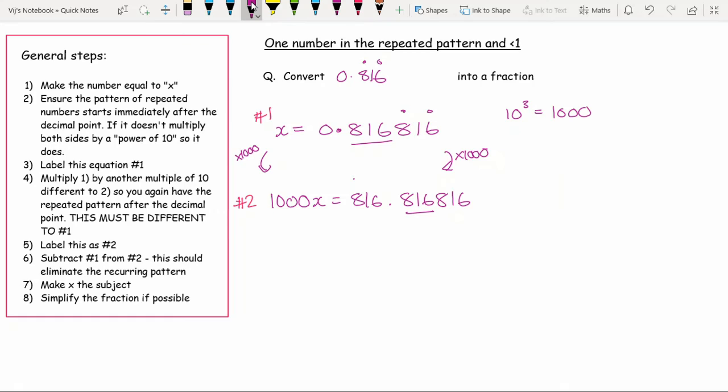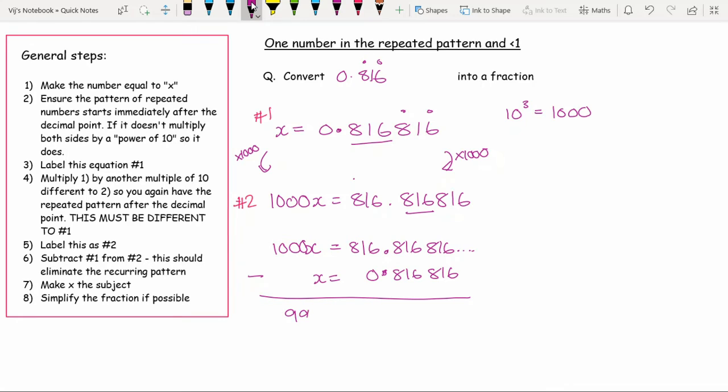So here what we've got is 1,000x, I keep forgetting that third zero, equals 816.816816. And we've got x equals 0.816816. You can see I've got nice neat columns and my decimal points are all in the same place, which makes it a lot easier to subtract.